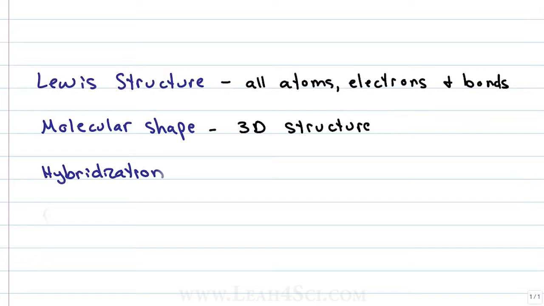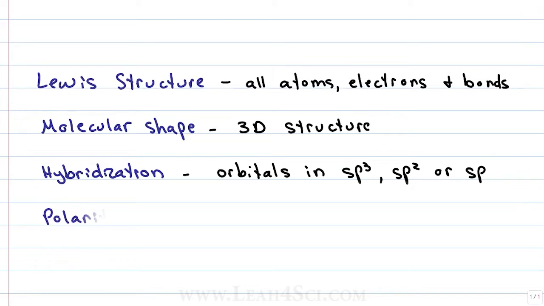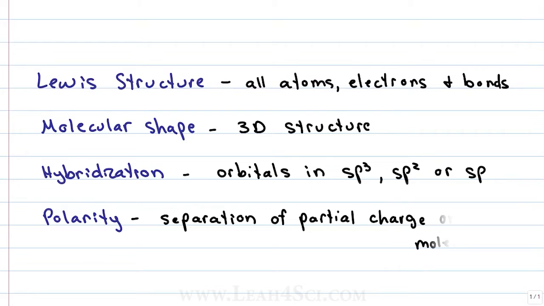The hybridization tells us what orbitals were fused to create the bonding on that central atom, for example, sp3, sp2, or sp. And the polarity shows us if we have a difference in electronegativity so that the overall molecule has partial negative and partial positive charge, or if it's completely neutral.